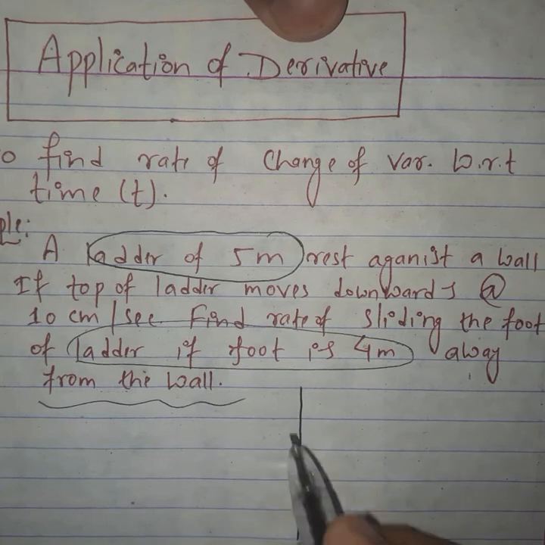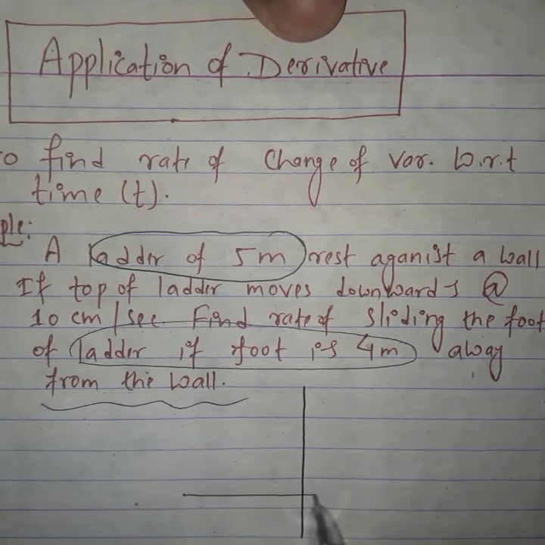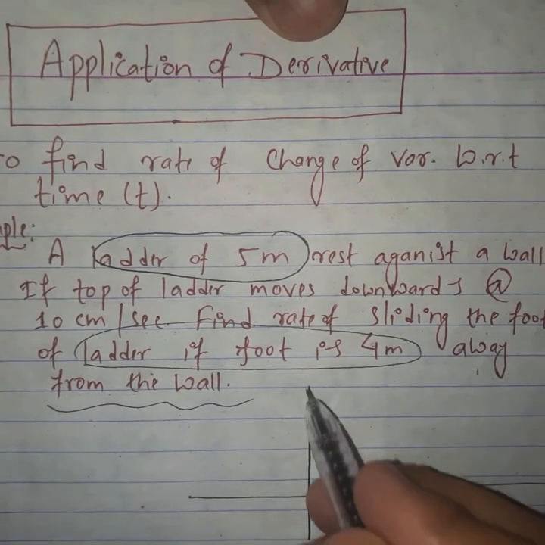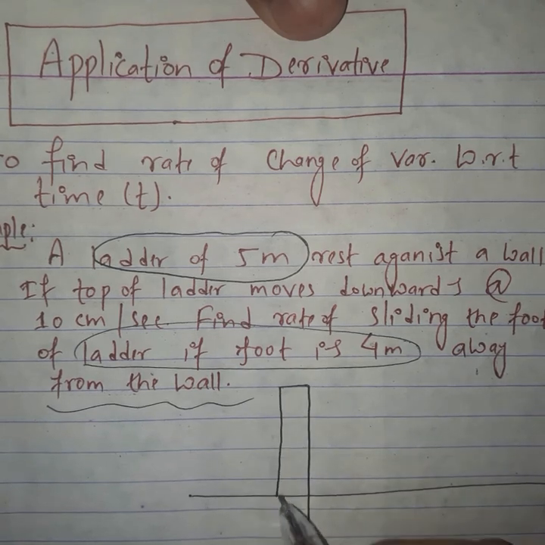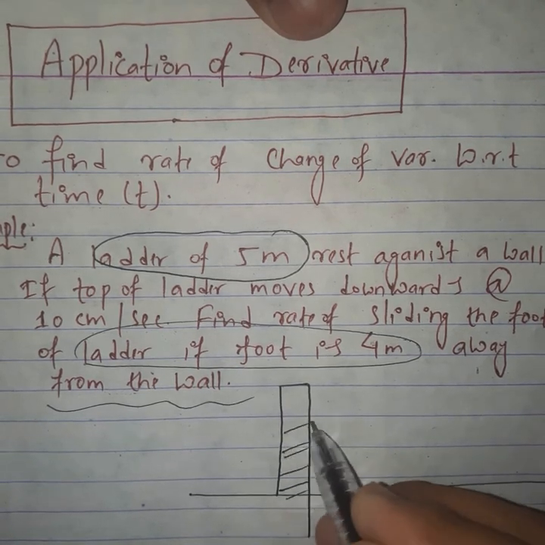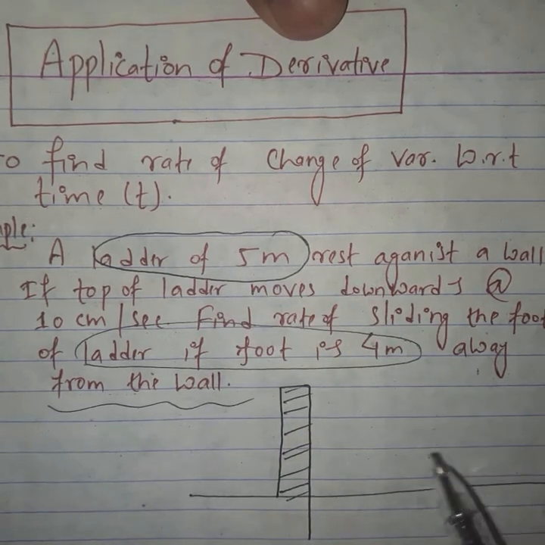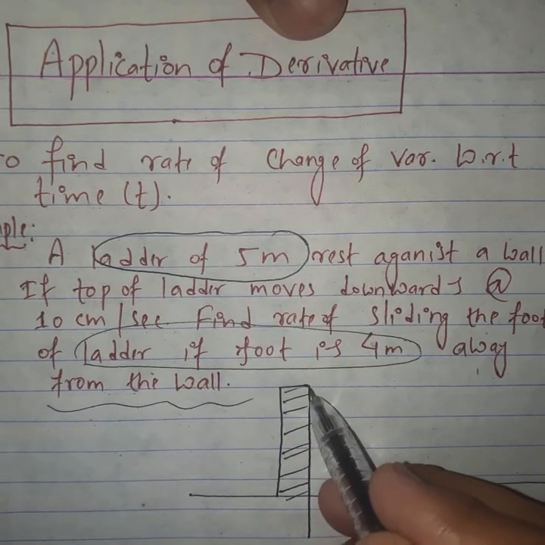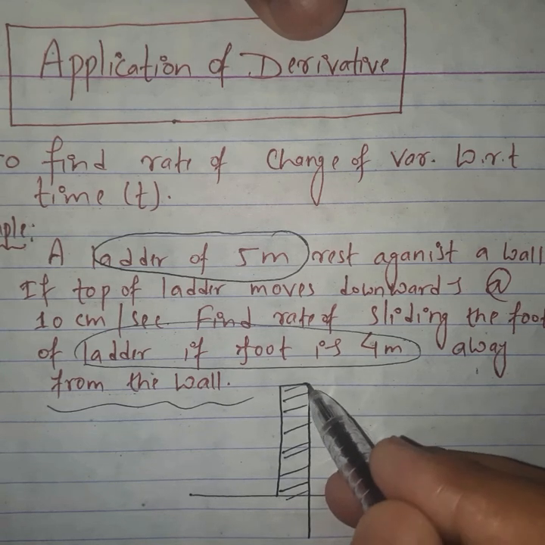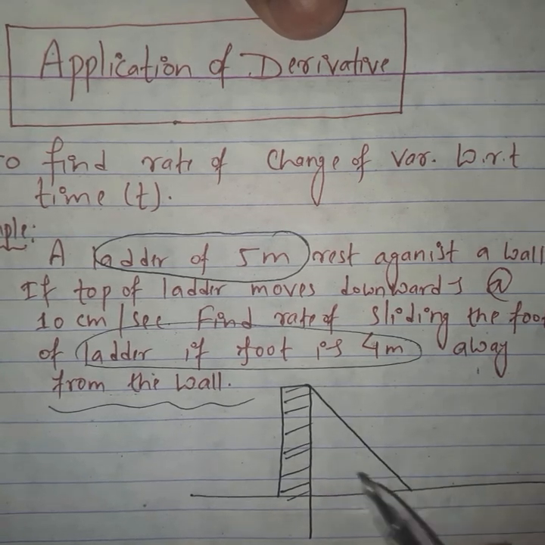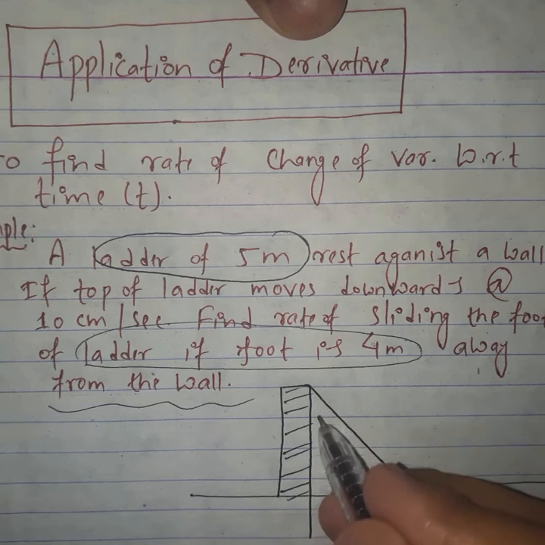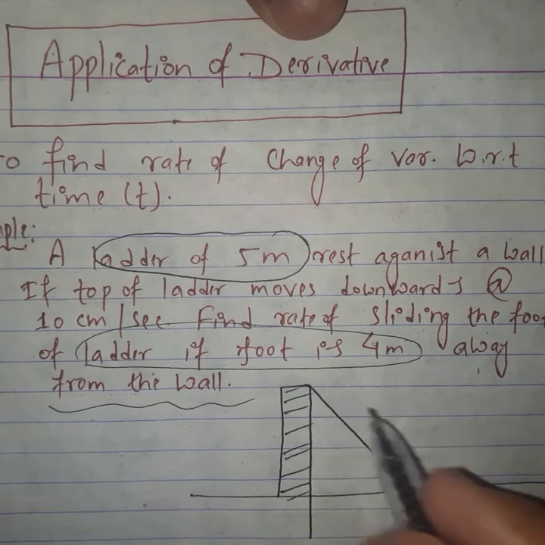Let's say this is the wall, and this is the ground level. The height of the wall is not given here, and a ladder is placed against the wall. Let's say this is the ladder. This is going to slide downwards.